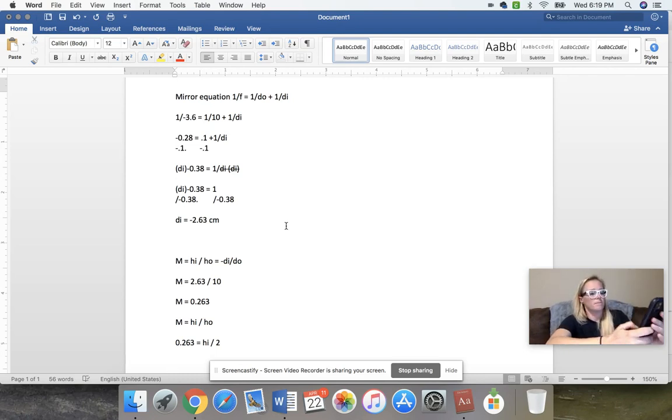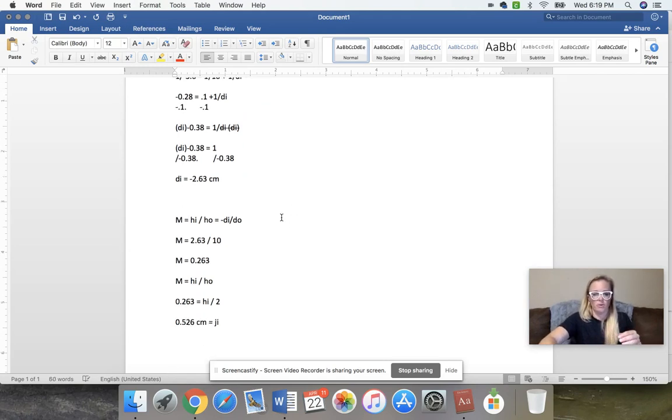So 0.263 times 2 gives 0.526 centimeters for the height of the image. Let's see how we did here. I'm going to measure, and that is pretty close to 0.5 centimeters just going off my ray diagram. So that's the math side of it.